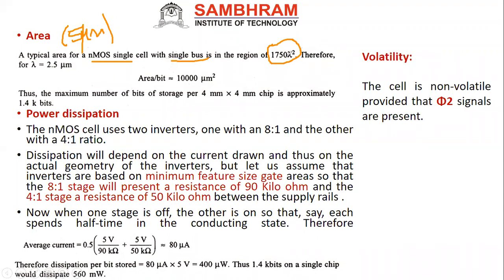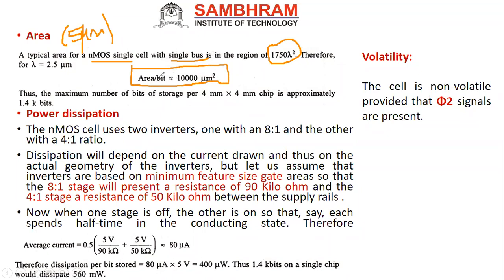Substituting the lambda value as 2.5 micrometer, I'll get the area per bit. To store 1 bit, how much area would it take? 10,000 micrometer square it will take.